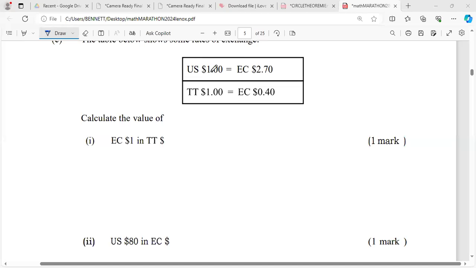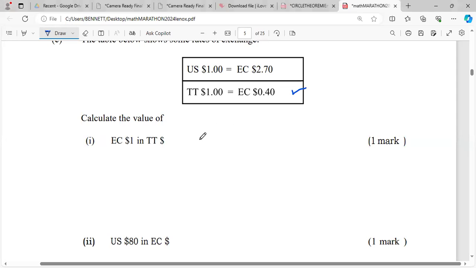Alright, so US $1 is equal to Eastern Caribbean $2.70, and TT $1 equals Eastern Caribbean 40 cents. They want us to calculate the value of Eastern Caribbean $1 in Trinidad and Tobago dollars. It's rather easy.